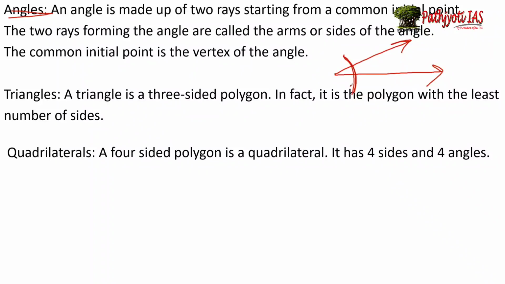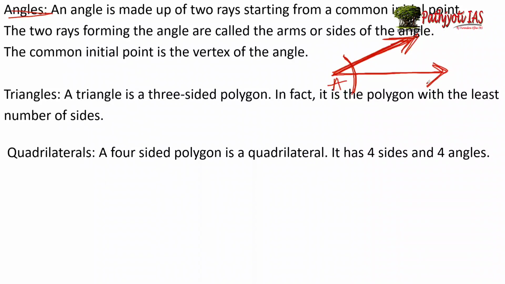It would have a common initial point. This initial starting point will be common. For example, this is A. The two rays are forming an angle, and the arms of these two rays will form the angle, like the sides of an angle, or you can call them the arms of an angle as well.